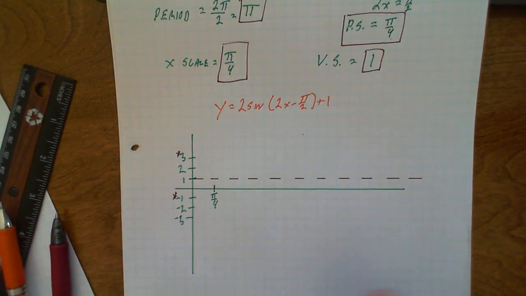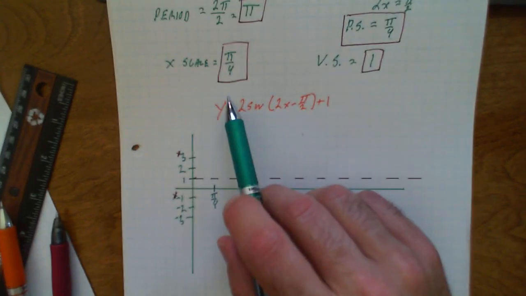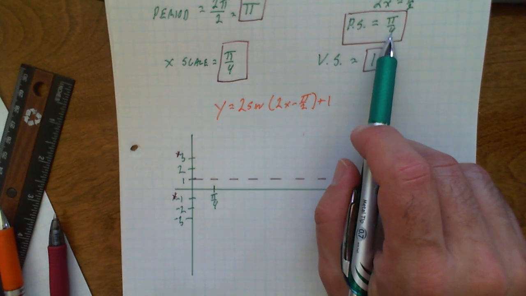But since my scale is pi over 4, let me keep adding pi over 4 to these.